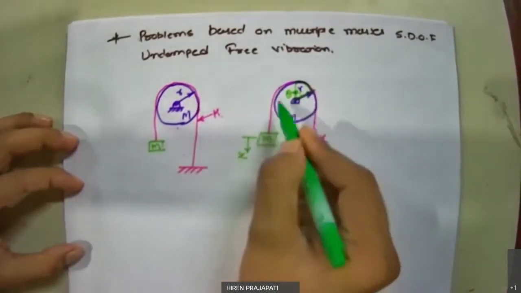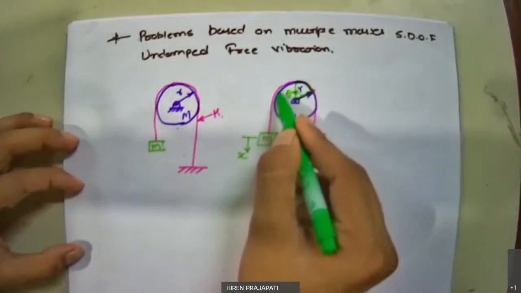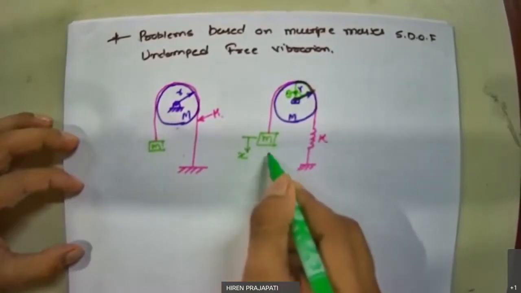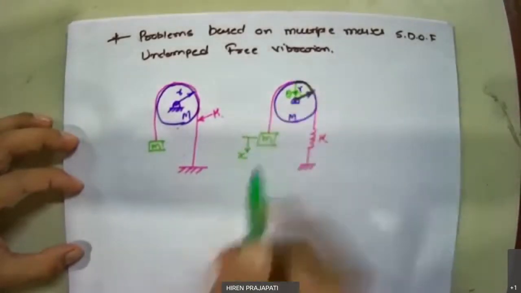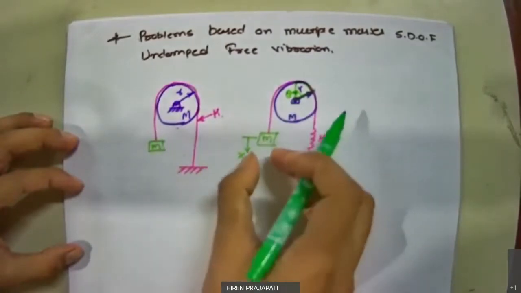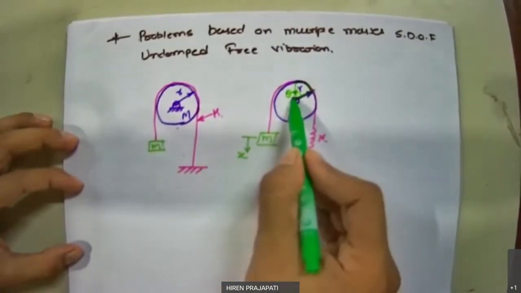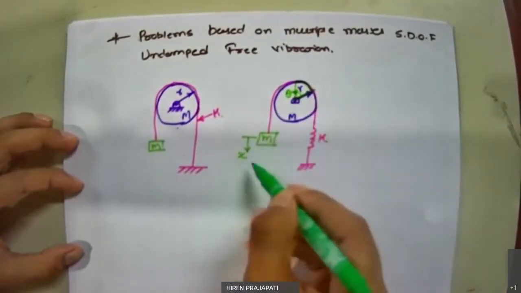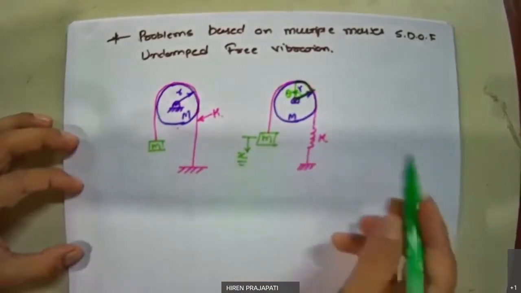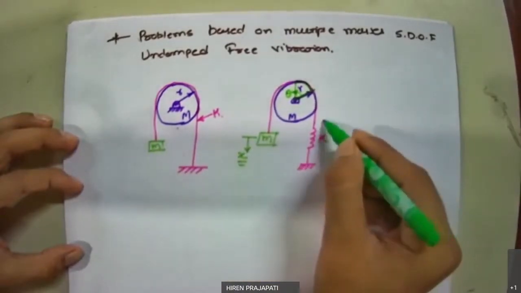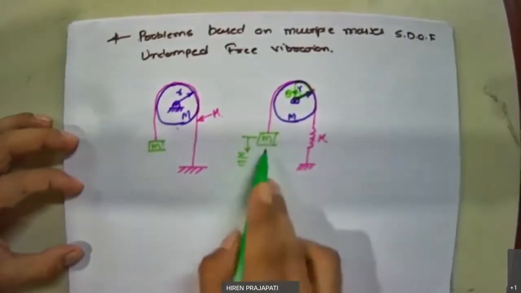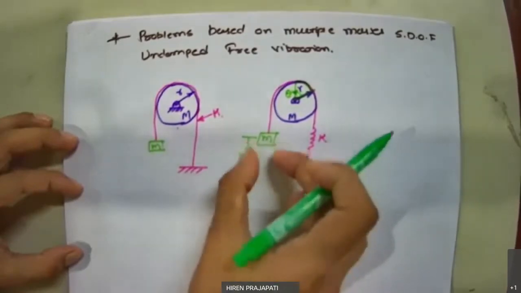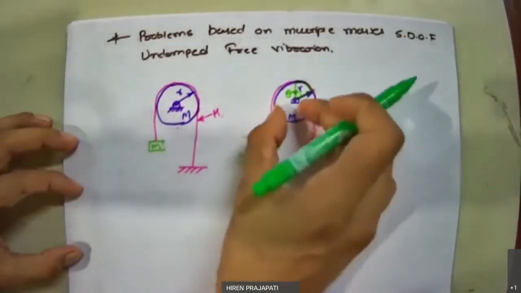There we have strong friction, so no slip takes place between these two. Due to the x movement of the small m, this pulley will rotate by angle theta. And if it is deflected by theta, then this spring is elongated by the same distance x, because this mass has moved by distance x. So as I pull this down, this spring will elongate and this pulley will rotate.